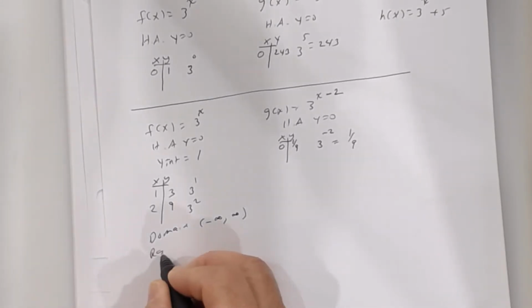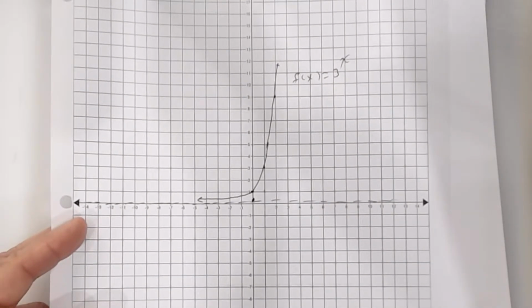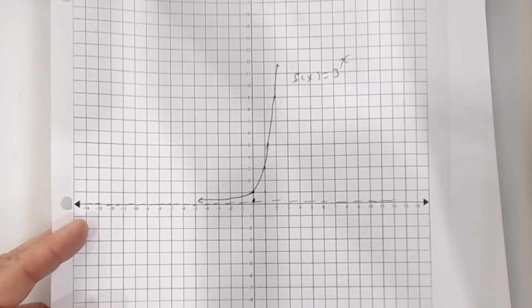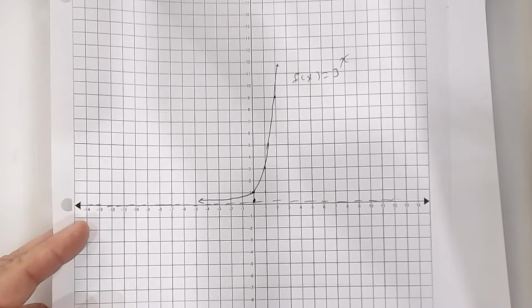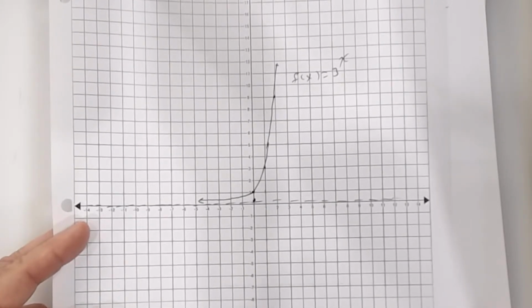What's the range? He says 1 to infinity. Is he correct or not? No, he's not correct. What is the range? 0 to infinity. It's a horizontal asymptote.